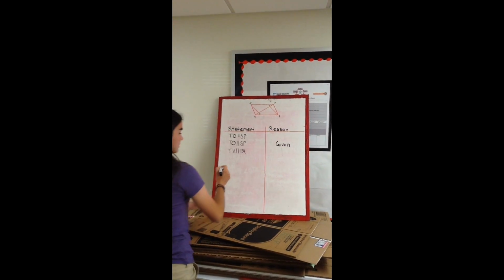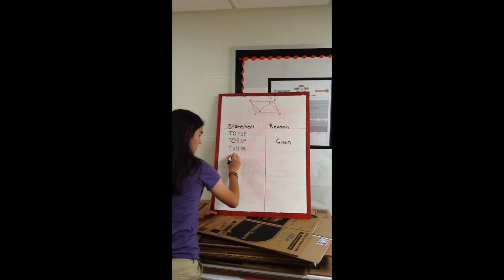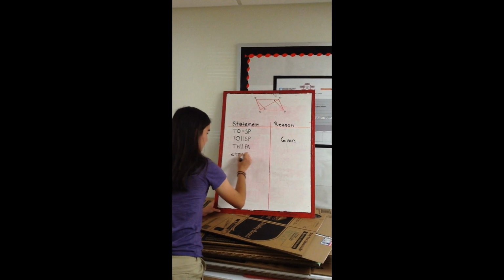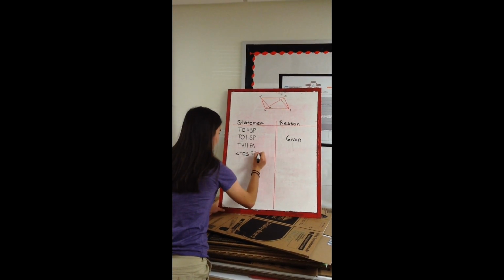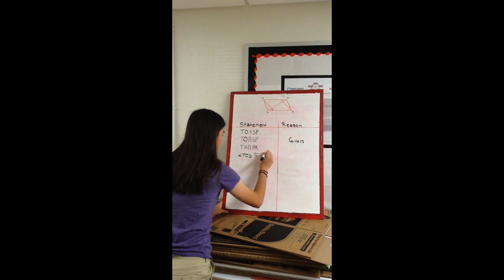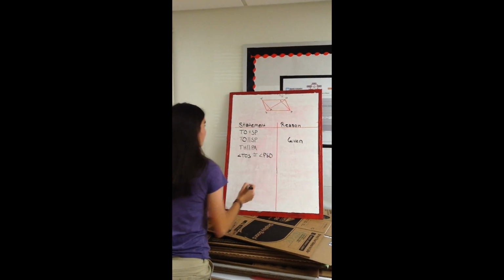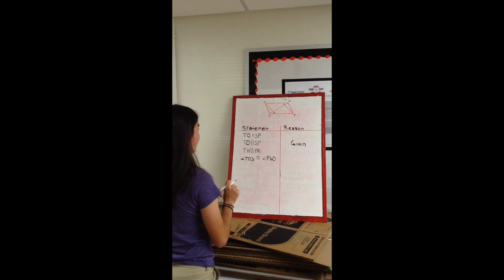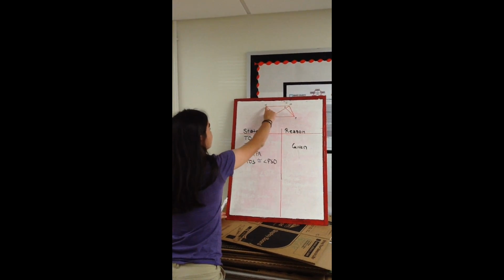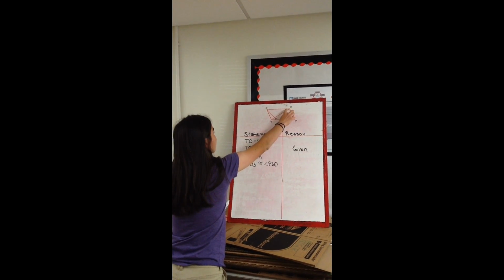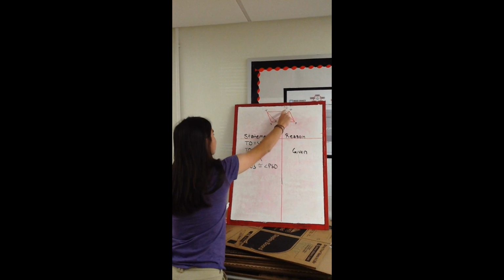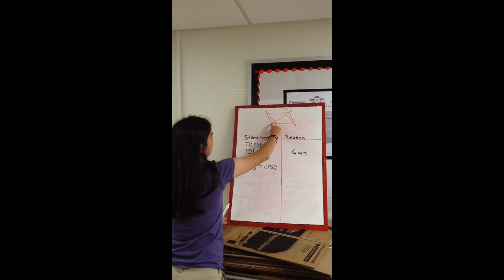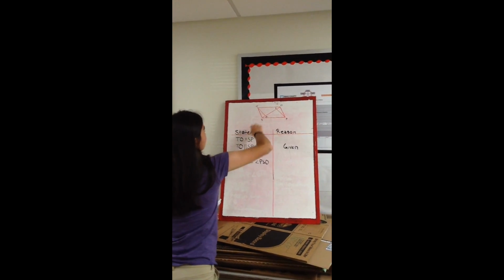So now we know that angle TOS is congruent to angle PSO because they're alternate interior angles, because angle TOS right here and angle PSO right here are congruent since these two lines are parallel and this line is crossing them.